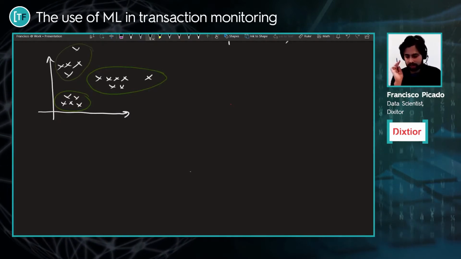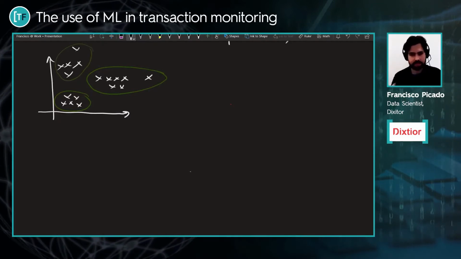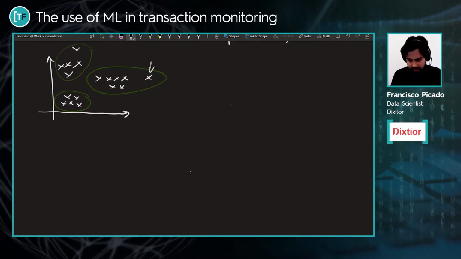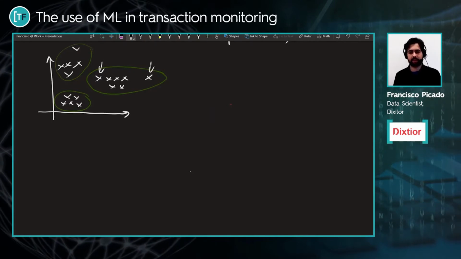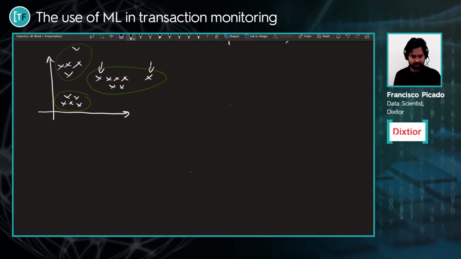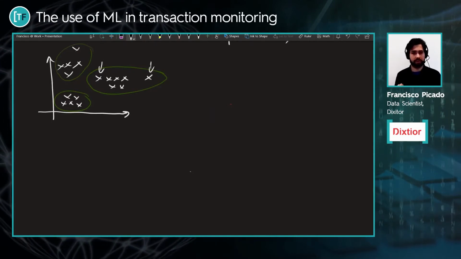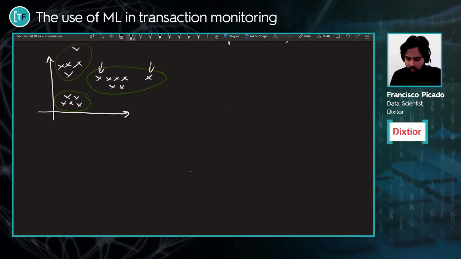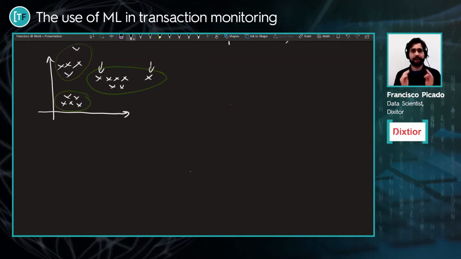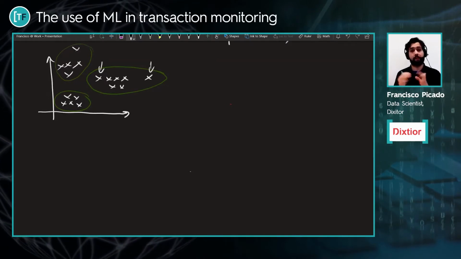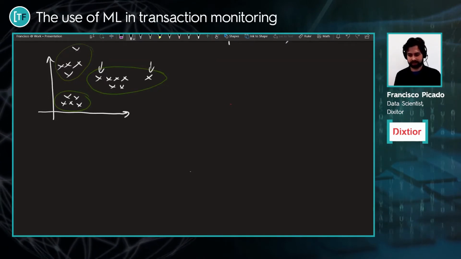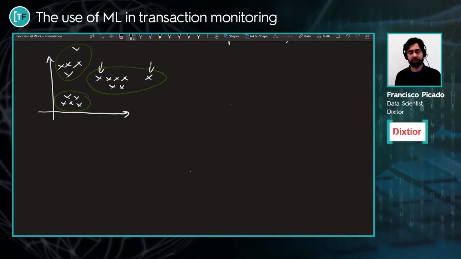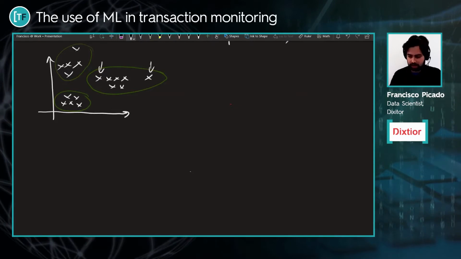Great. So the problem with this is that this account over here is fairly different from this account over here because it's fairly distant, and we do not want this. So we need to control the dimension of the cluster in a way so it displays a more accurate behavior.